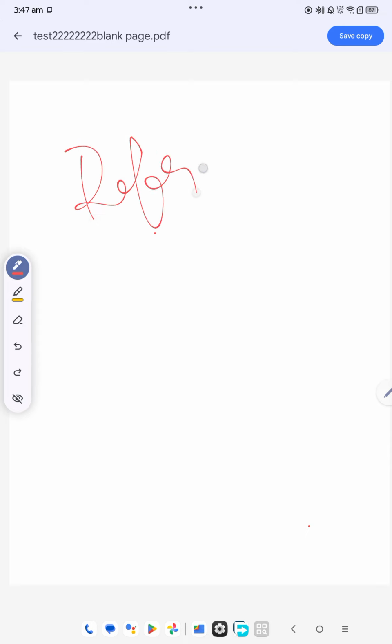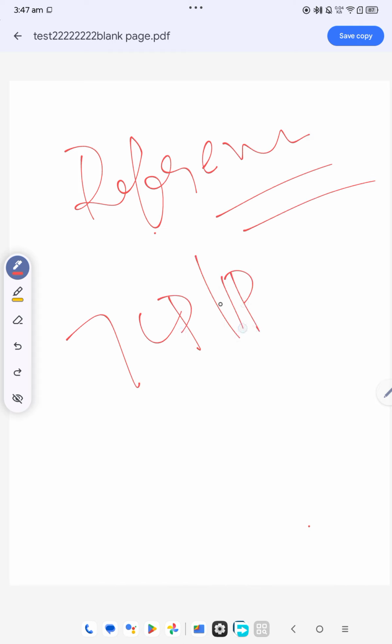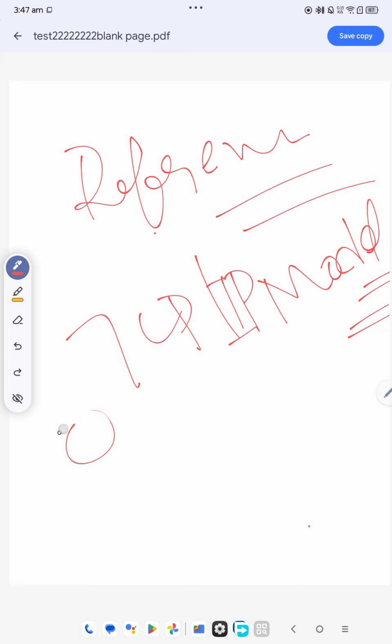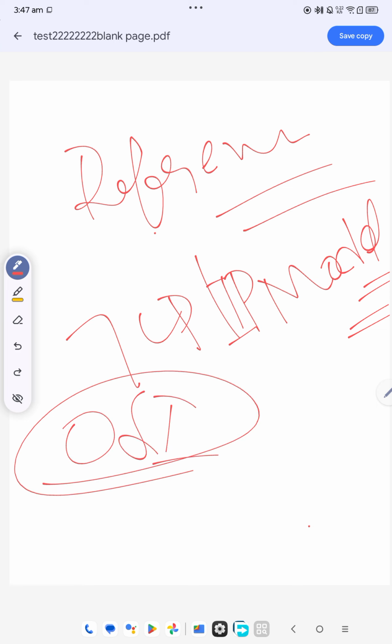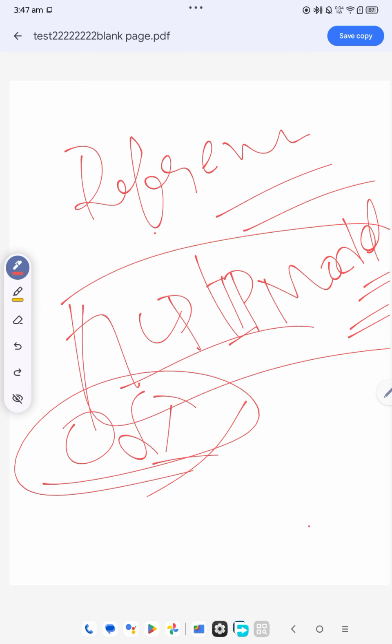We will discuss the TCP/IP model in further classes. Today was only about the OSI model, so I have set the target for tomorrow: TCP/IP. Tomorrow we discuss TCP/IP.